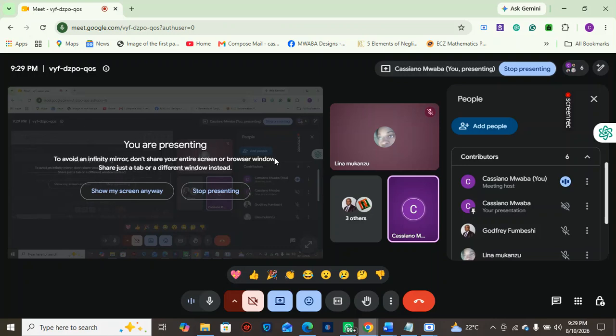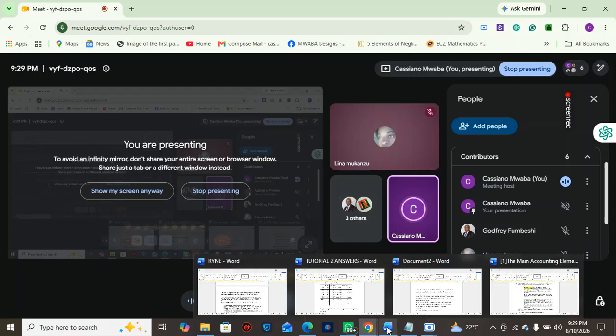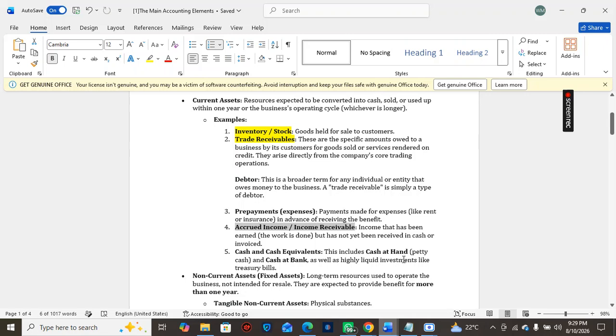Month two passes, the person hasn't paid you, now they're owing you 2,000. Have you seen? The accrued income is building. It's money that's being owed to you for a service that you've provided. That is accrued income. It's also a current asset.